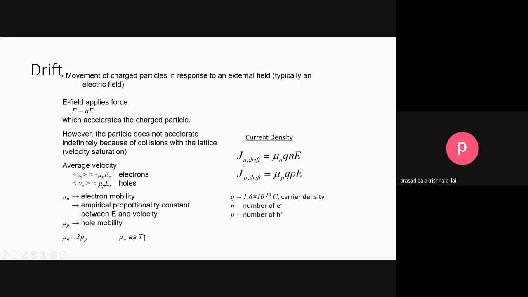Normally we assume that mobility is independent of the electric field, but at high electric field mobility will be dependent on the electric field. If you look into any textbook, you will see that at high electric field it is not treated as a constant, so it will change with the electric field. So this is one component of the current, the drift component.